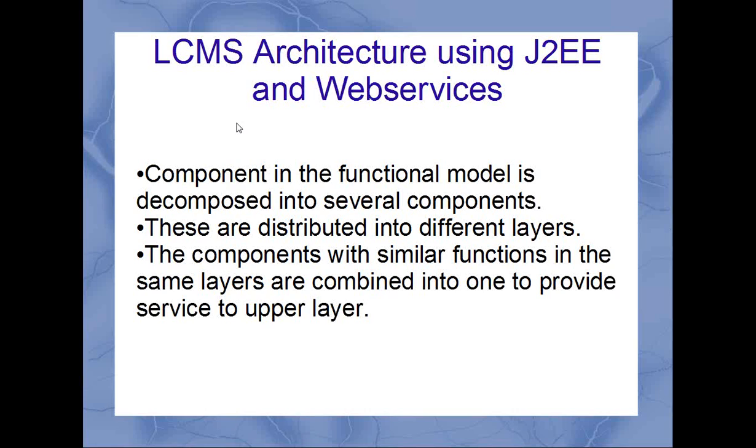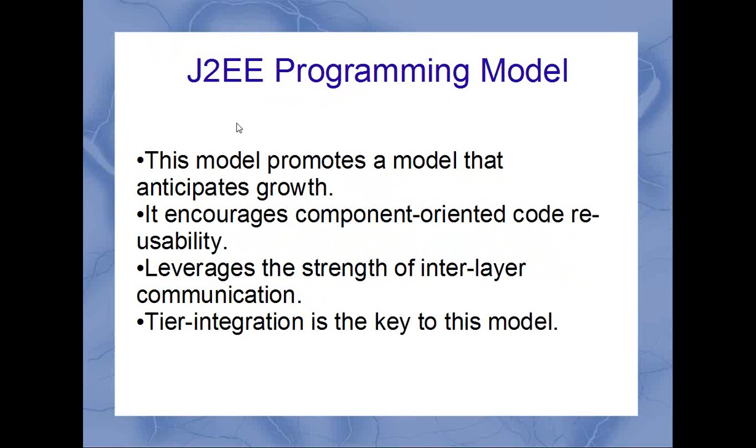The LCMS architecture using J2EE and web services has components in the functional model. These are distributed into different layers. That is the advantage that we bring to this. The components with similar functions in the same layers are combined and provided to the layer above it.